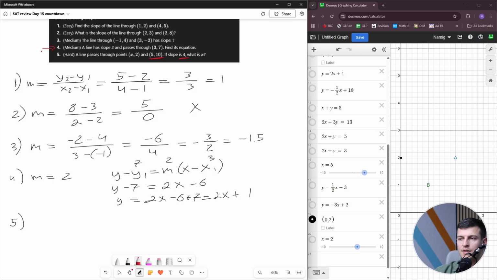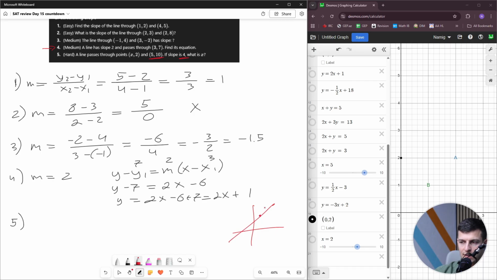Now, how is that going to be useful for us? Because once I find the equation of the line, every point on that line should follow the same rule. We talked about that a bit earlier. So what I mean by that is, let's say I found out that this is my graph, this is my equation of line. If x, 2 is on this line, we don't know what x is.